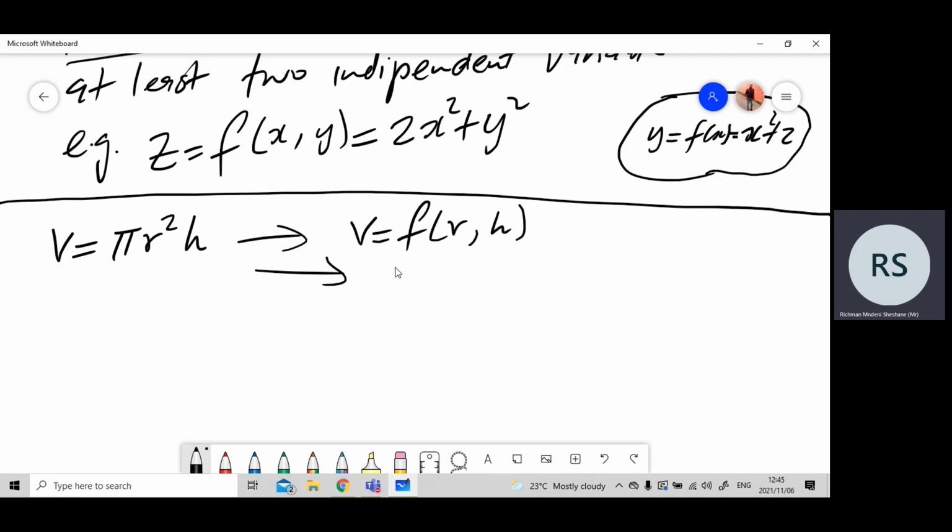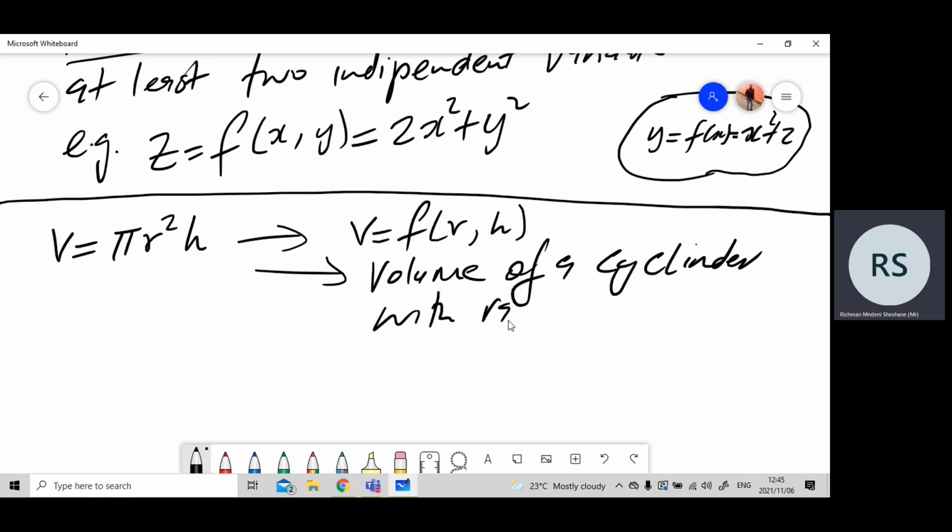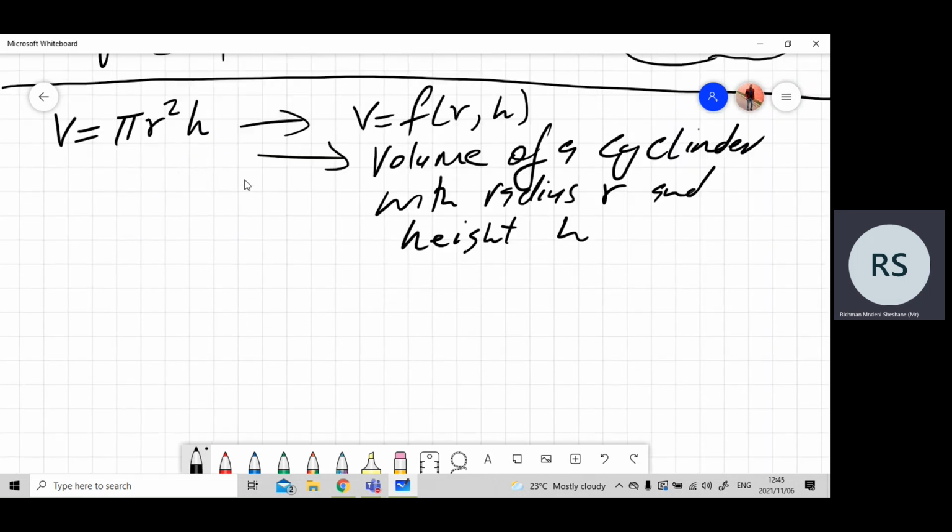This is the volume of a cylinder with radius r and height h.